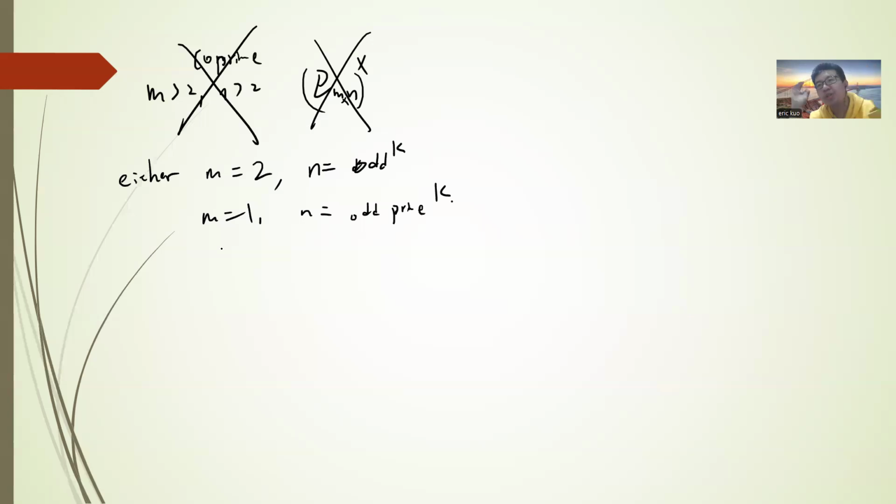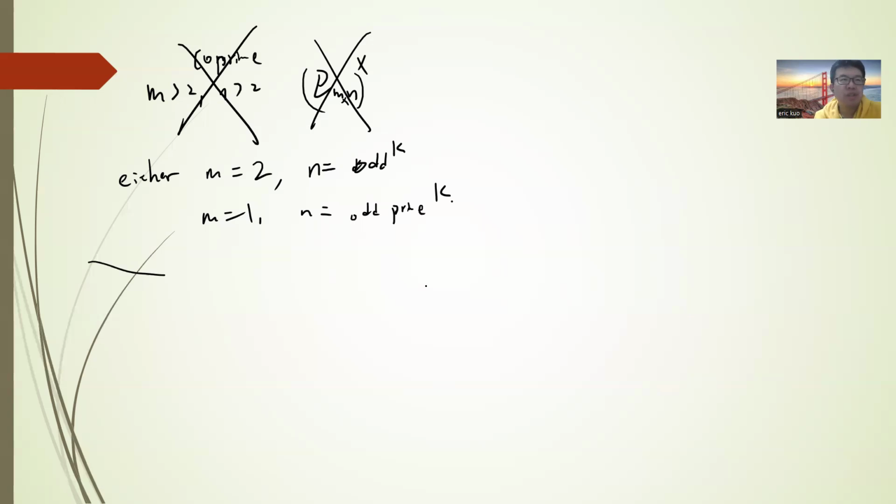So it's obvious that M can only be an odd prime power, or M is 2 and N is some odd prime power, otherwise you can use this theorem and show that there are no primitive roots, or M is 1 and N is some odd prime power. The non-trivial part is to show that this is the only case, that the remaining cases always have primitive roots.